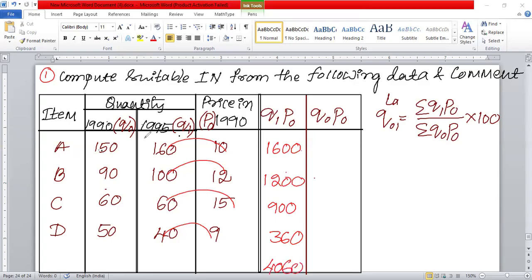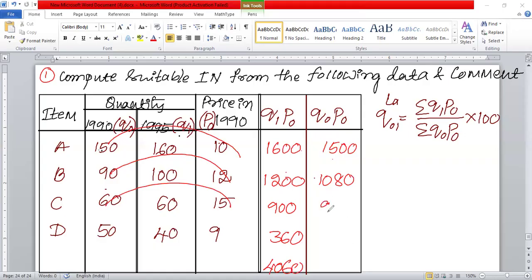Similarly, Q0 P0. 150 into 10, 1500. 90 into 12, 1080. 60 into 15, 900. 50 into 9, so 450.